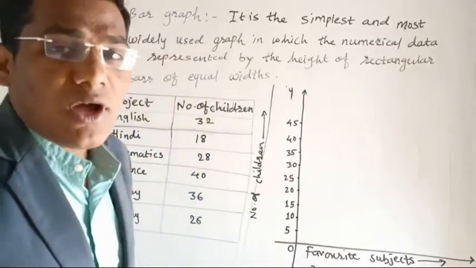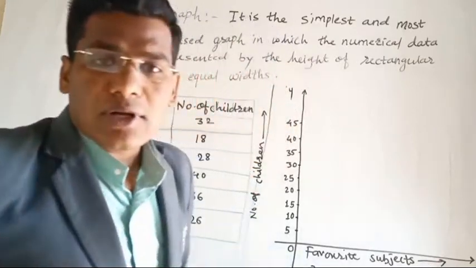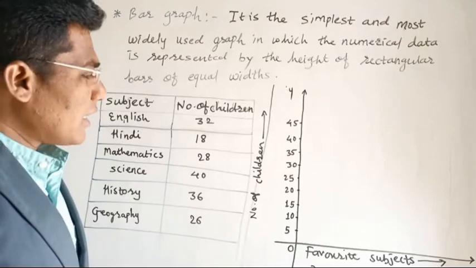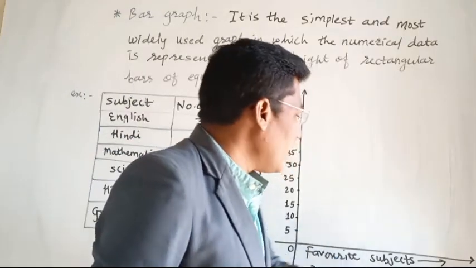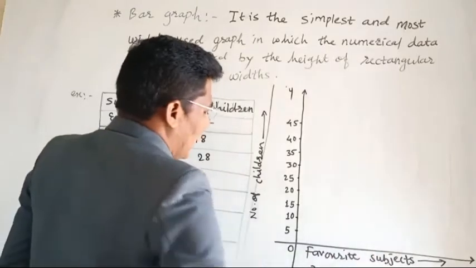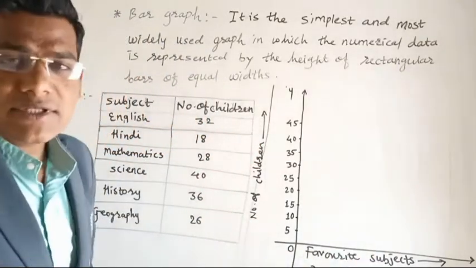Before drawing a graph, we have to make sure that there will be 2 columns representing the axes x and y. On the x-axis we will write favorite subjects, and on the y-axis we will write number of children.